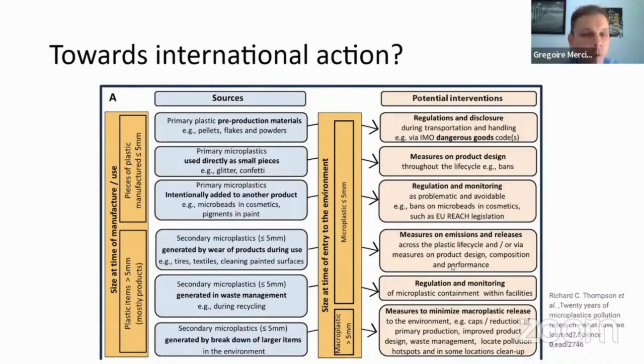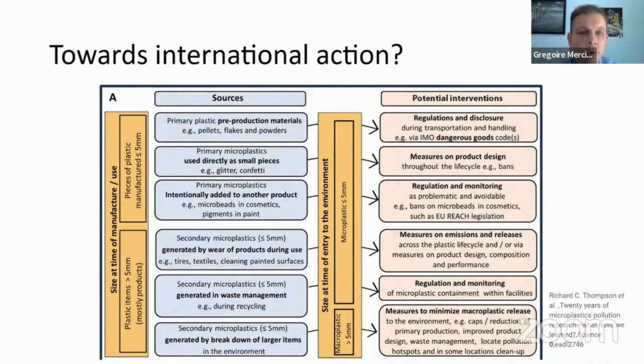And so I'm not going to describe all of those potential interventions, but what I want to highlight is that all those interventions are regulations or policies, and sometimes also monitoring activities, etc. And so, to put it simply, all of those interventions are linked to decisions made at the national level and sometimes even at the international level.